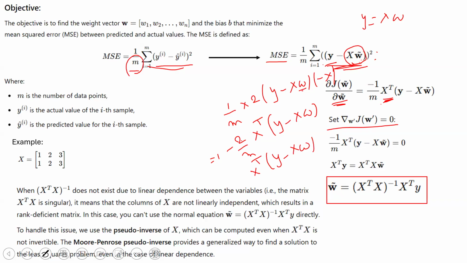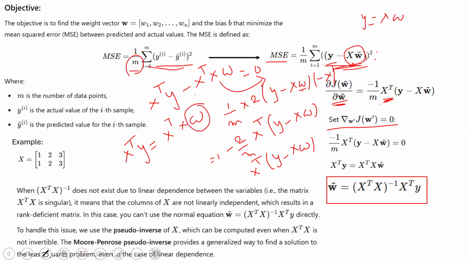As this is a matrix multiplication, you need to expand it: x transpose y minus x transpose x into w equals 0. You shift this to the other side, so x transpose y is equal to x transpose x into w. What you need to find is w.